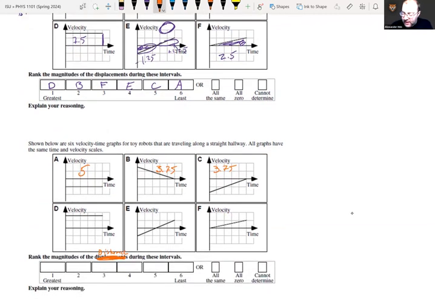We'll drop down to F. F and D both don't change, so it's just 7 and 2.5. Now, E is the tricky one that you've got to watch out for, because E had zero displacement, but that's not because it had zero distance. It had zero displacement because it went some distance in one direction, then some other distance in another direction.